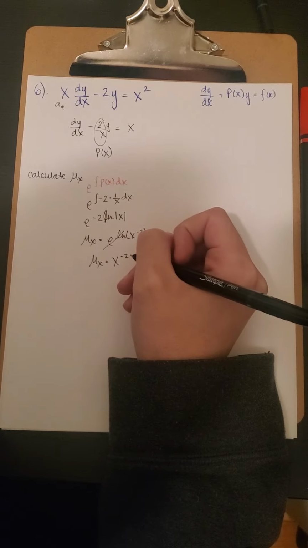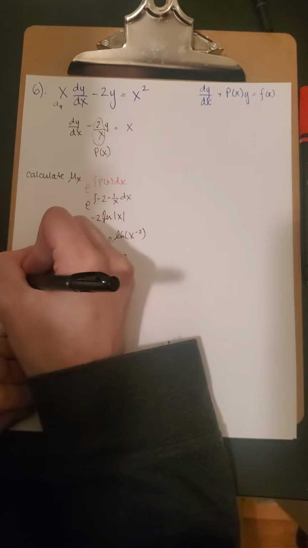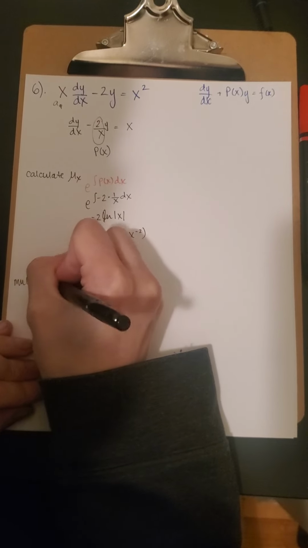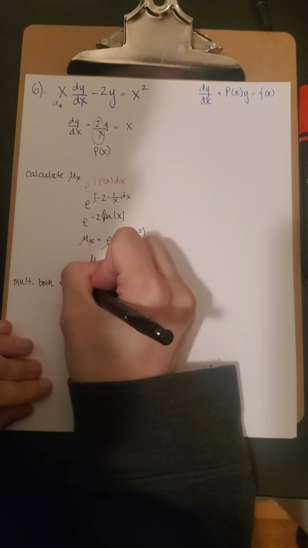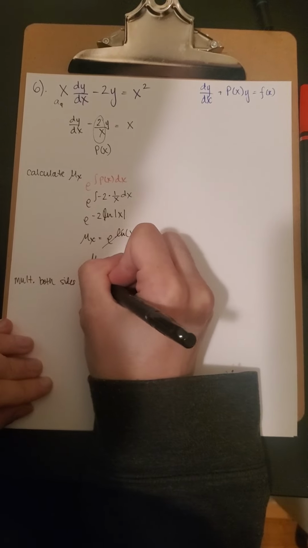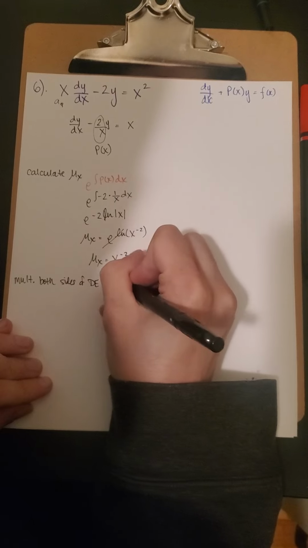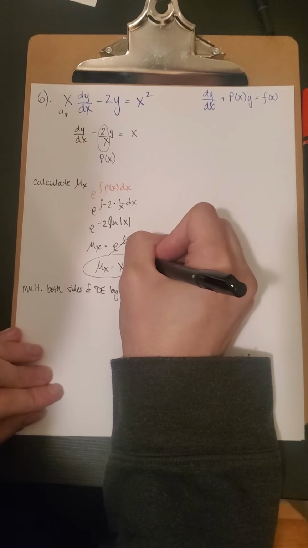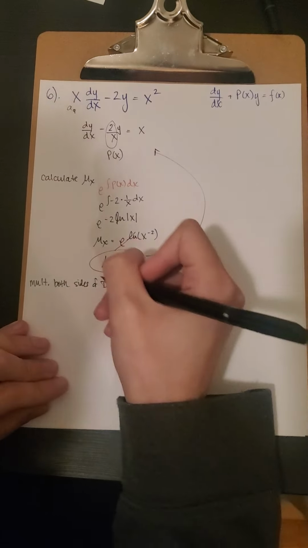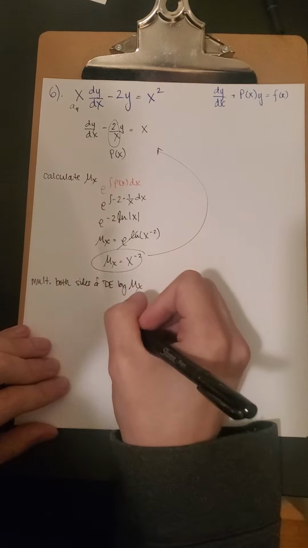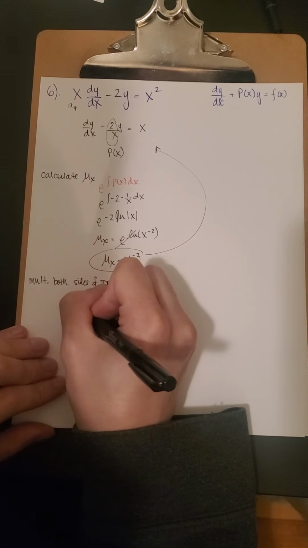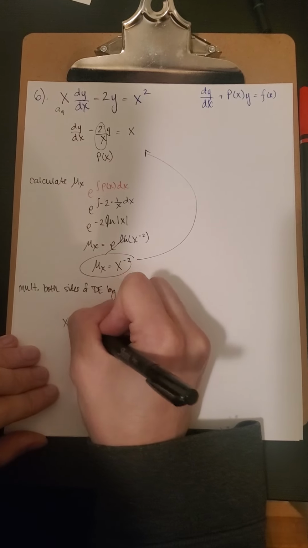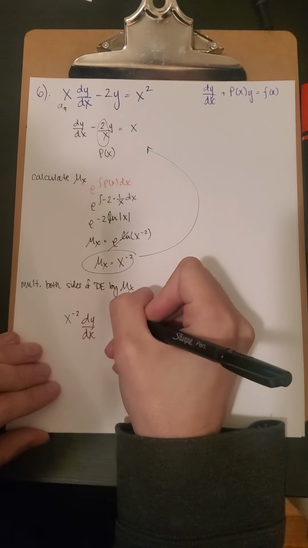So calculate that, and then what you have to do next is multiply both sides of the equation by mu of x. So just take this part and multiply it by up here. Doing so, you get x to the negative 2 power dy over dx, right?